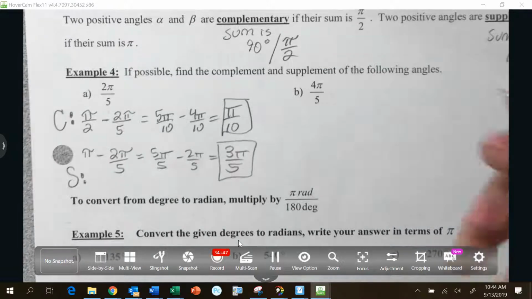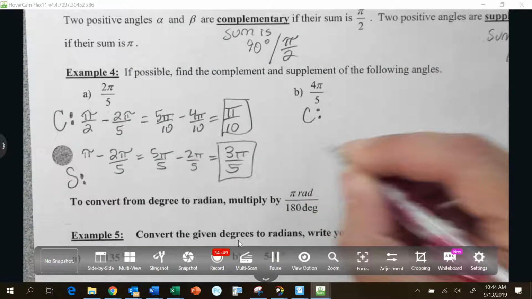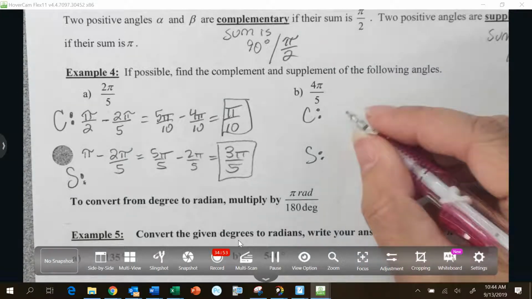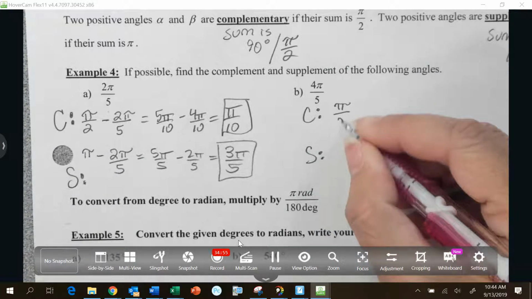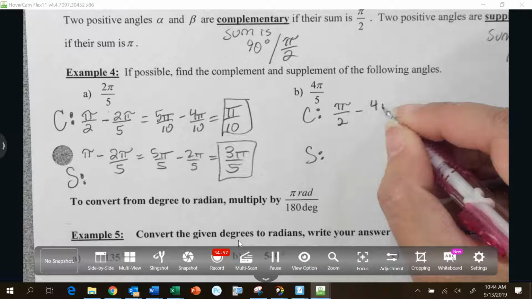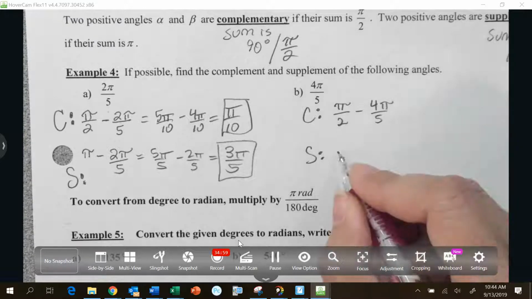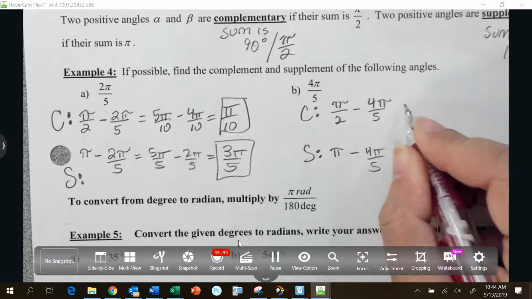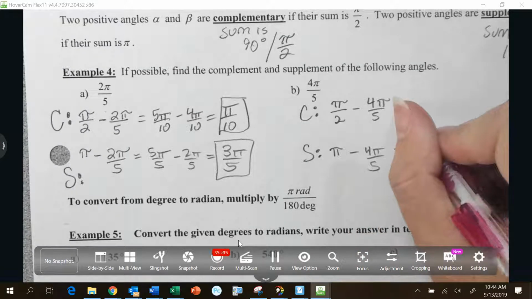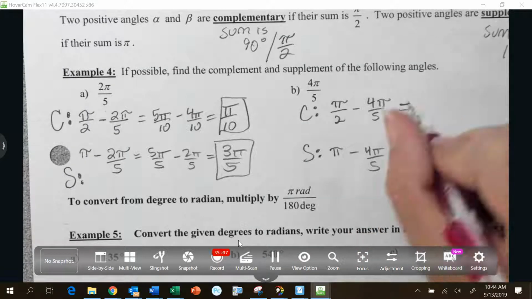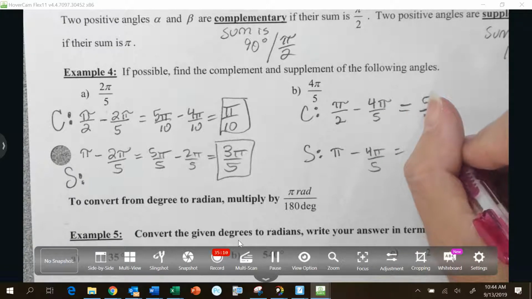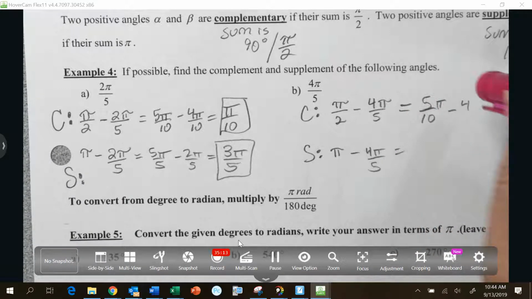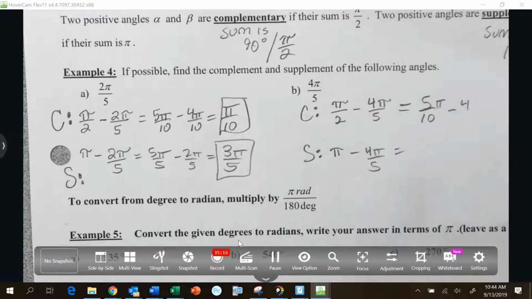So same thing here for doing complement and supplement. We're just going to subtract pi over 2 minus 4 pi over 5. We're going to subtract pi minus 4 pi over 5. Common denominators, 5 pi over 10 minus, wait, no, that's right?